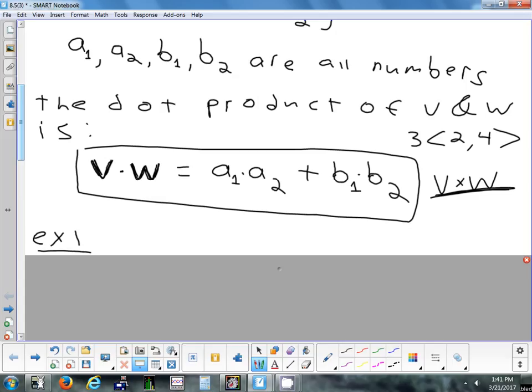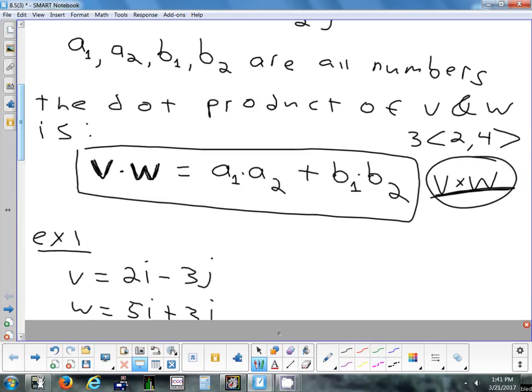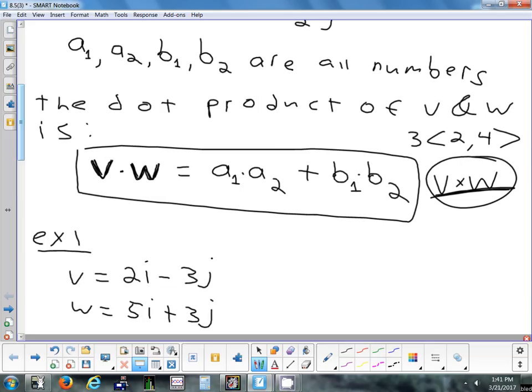When you make a vector longer or shorter, you get another vector. But when you multiply vectors the way I'm showing you right now, you don't get a vector. You get a number. When you multiply them using a cross product, maybe we'll look at that tomorrow, that's a little different. You don't get a number. All right, so I want to find the dot product between v and w.